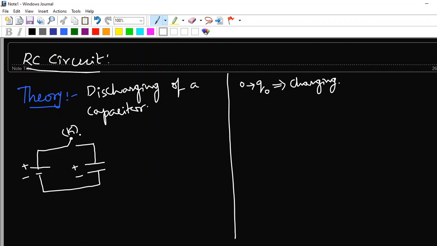So for charging, we need to close the key, and for discharging, we need to open the key. But when the key is open, the circuit is no longer closed, so the charge will not flow in an open circuit. For that purpose, we are going to discharge this capacitor through a resistor.